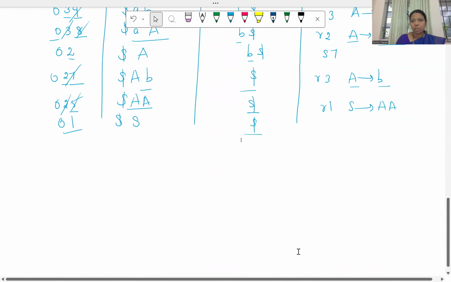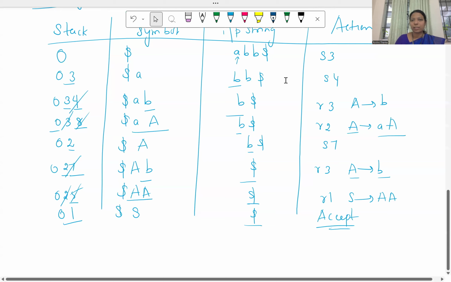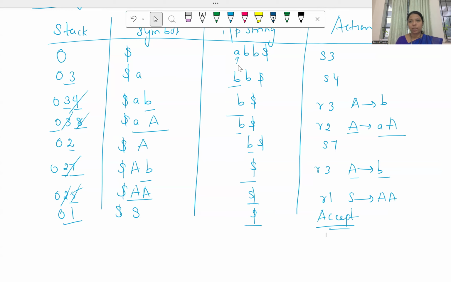It is accept. So we are done with it. Accept. So we know that it is a valid string, right? So abb is a valid input string without any syntactical error, which means parsing is successfully done, which means the input string can be derived from this given context-free grammar.